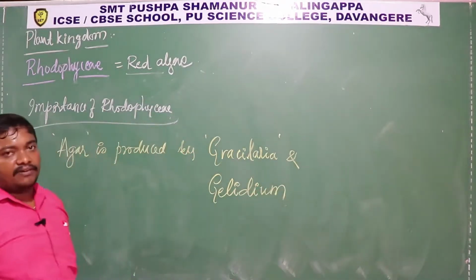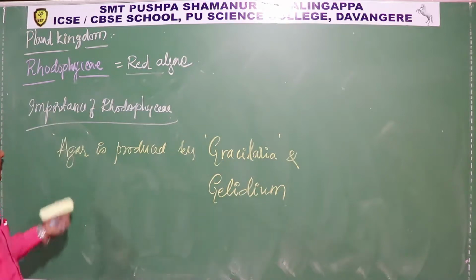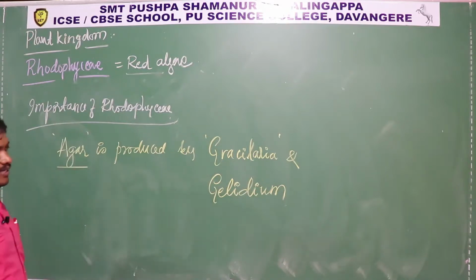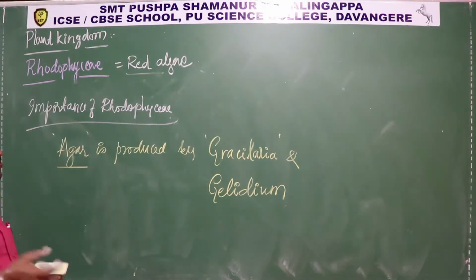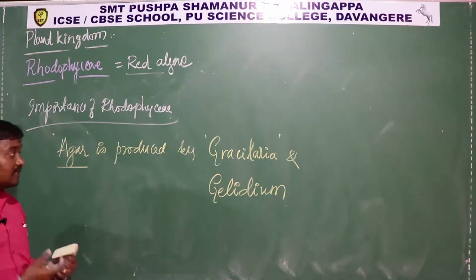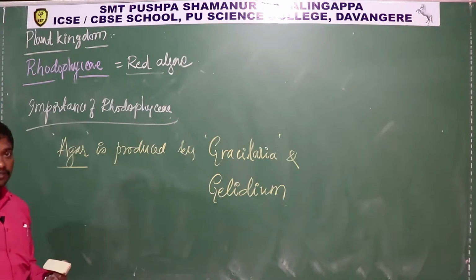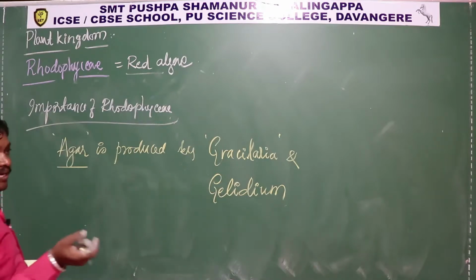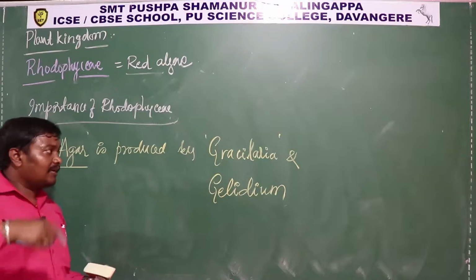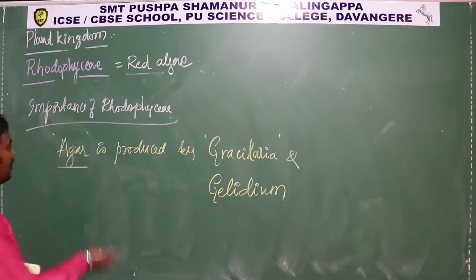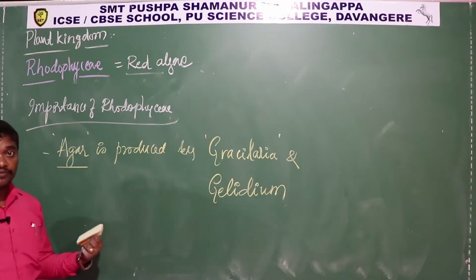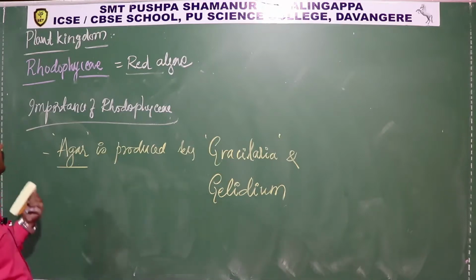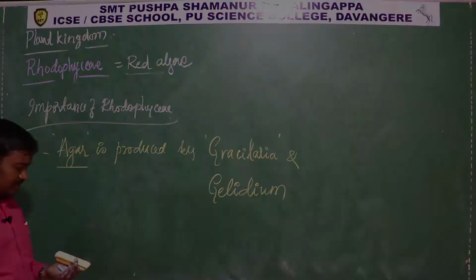From these two red algae we can isolate agar. In the beginning itself we told agar is used as a thickening agent. It can be used in ice creams and mostly it is used in the laboratory to culture microorganisms. In the lab, to grow fungi and bacteria, a thick media is needed. That thick media is prepared using agar. So this is one of the very important applications of these rhodophyceae members.